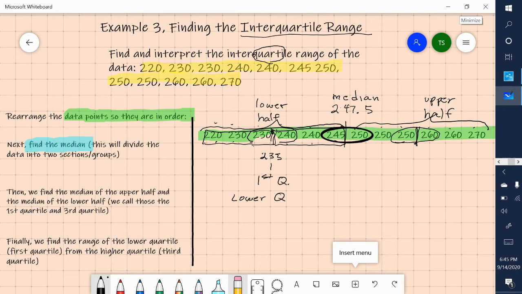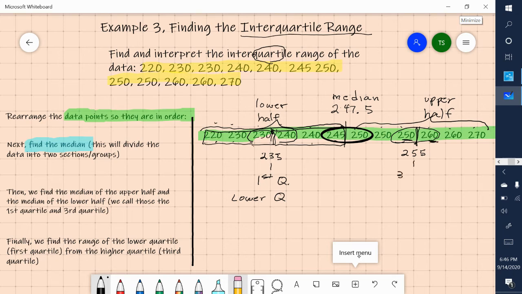Operator error. I need new glasses. Divided by 2 equals 255. I could have made that a lot easier because halfway between 50 and 60 would have been 55.